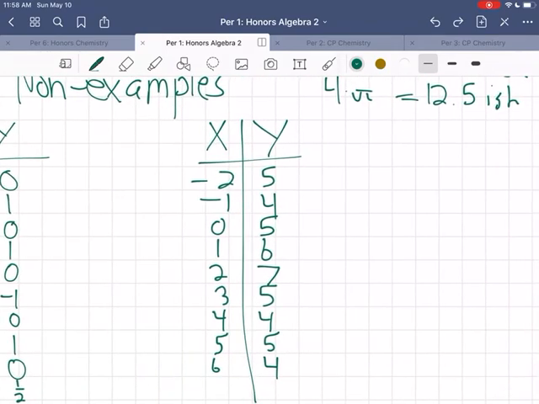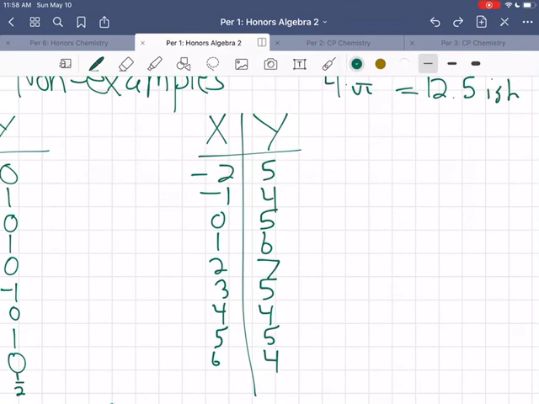Alright, x and y, here's our next one. This time we're not talking about pi anymore, we're just talking about a step of 1 in between each one of these, so negative 2 to negative 1, 0, 1, 2, 3, and all the way to 6. On the y, we have 5, 4, 5, 6, 7, 5, 4, 5, 4.